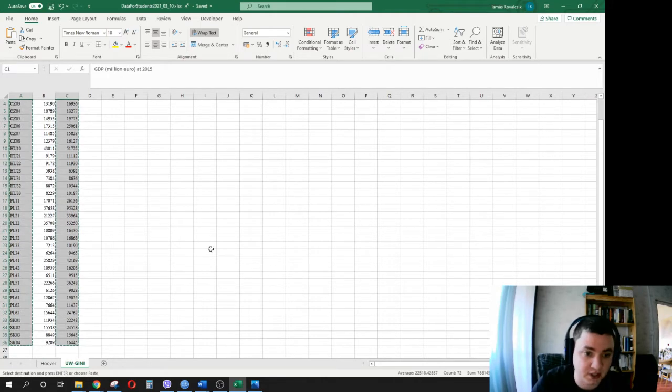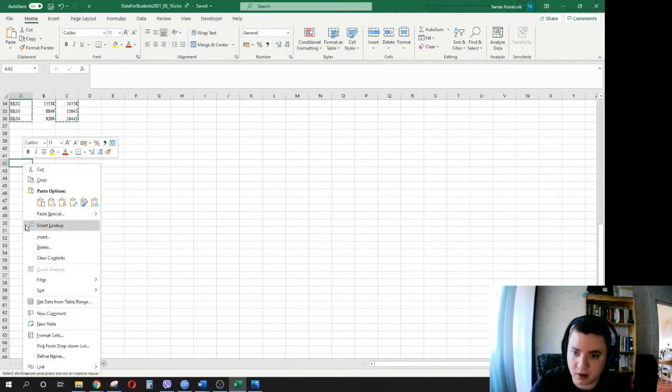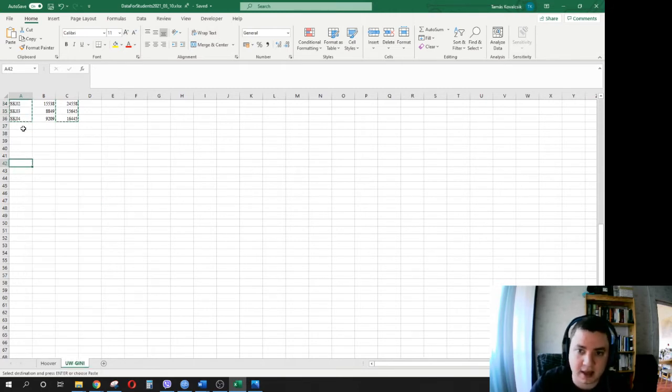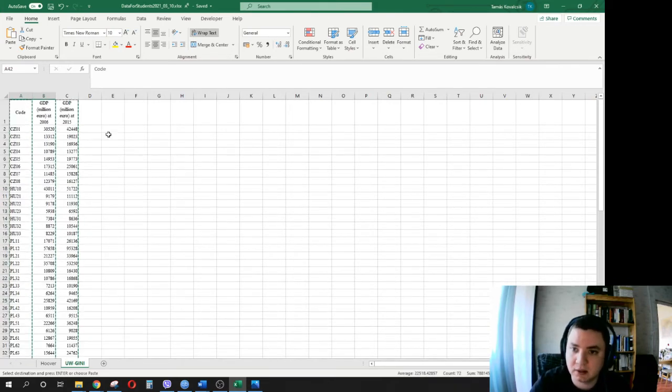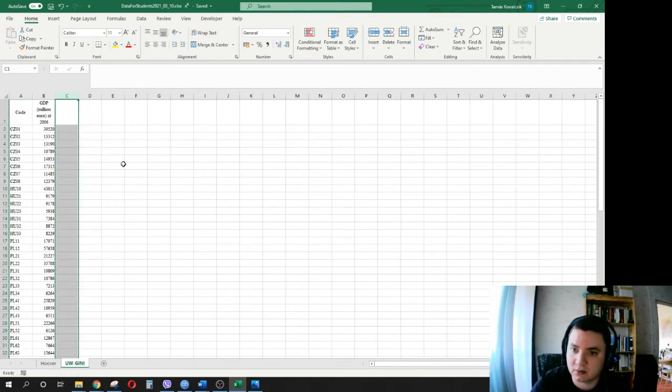Press Ctrl C to copy and Ctrl V to paste it, and make sure that there are at least 3 or 4 cells between these two tables. Okay, paste it and just delete the 2015.